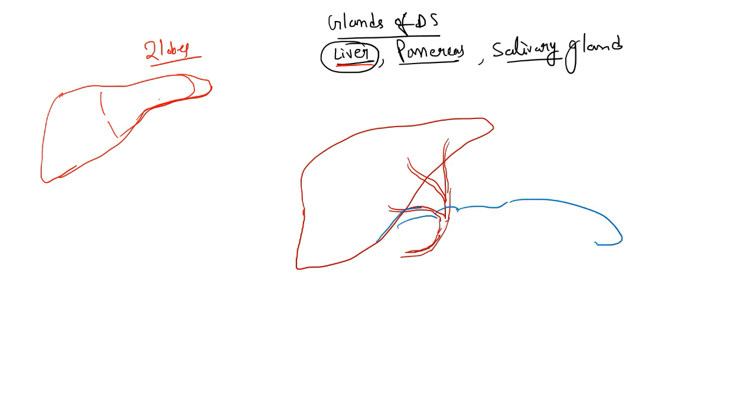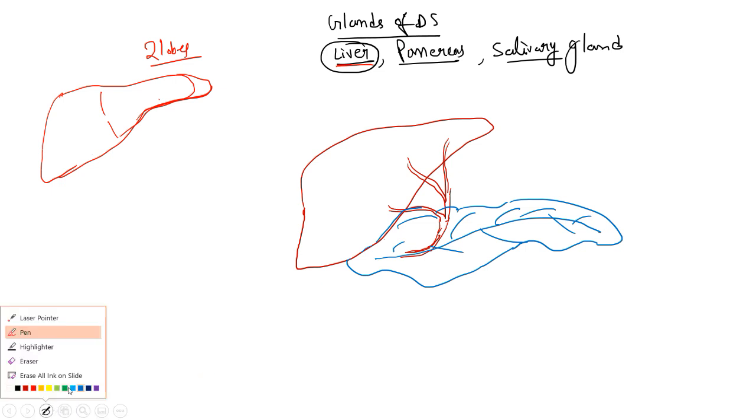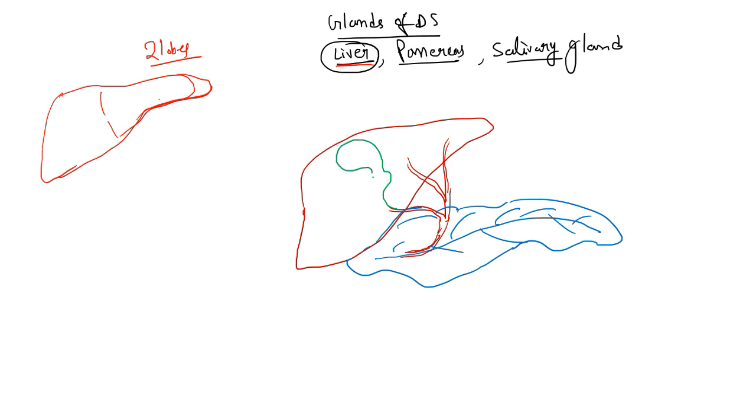Pancreas looks something like this, a leaf-like structure. And let me draw the gallbladder also, something like this, and the duodenum, the rest of the part.